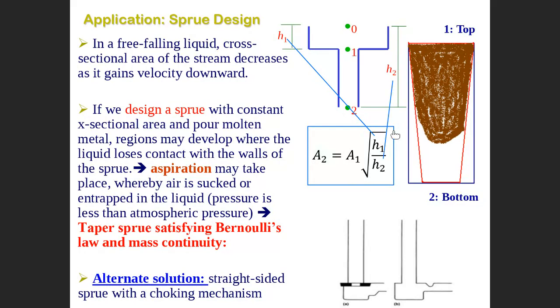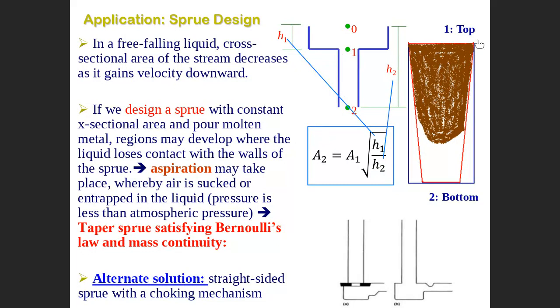You agree? You cannot just keep parallel sides with A1 equal to A2. This is wrong. We just do an outline sketch to show it this way, but it couldn't be like this. A2 must be smaller than A1.